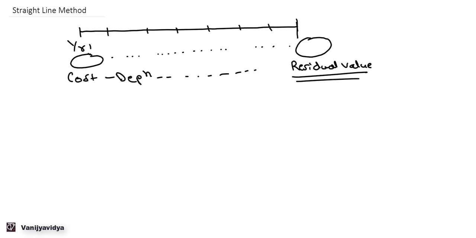Usually a rate of depreciation is given. Accordingly, the rate of depreciation is applied to the total cost, and the same amount is charged every year. Say if the rate of depreciation is not given, how to find the depreciation amount?